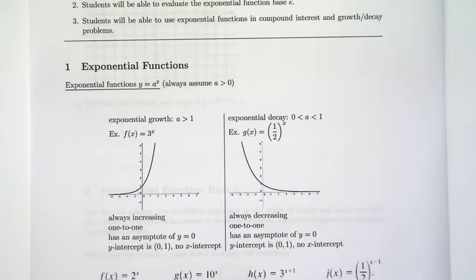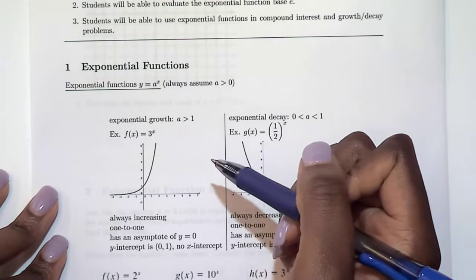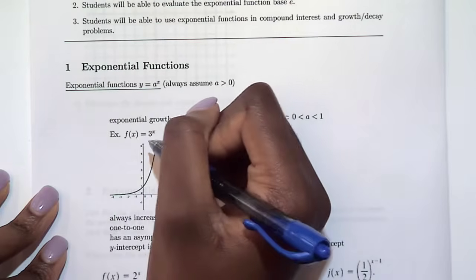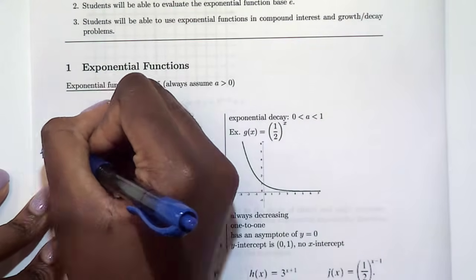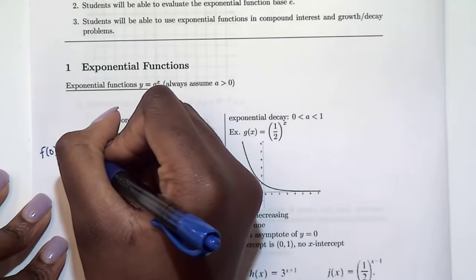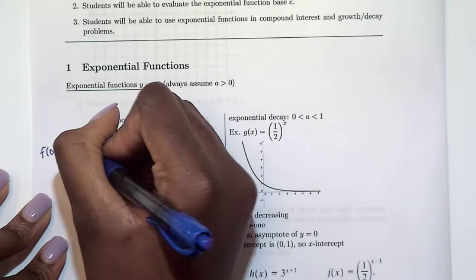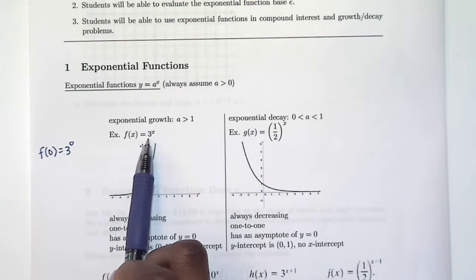All right, so let's talk about how we choose points on an exponential function to graph it. Let's plug in 0. I always like to do 0. That's usually the easiest thing to do. f of 0 is the same thing as 3 raised to the 0, right, for this function.